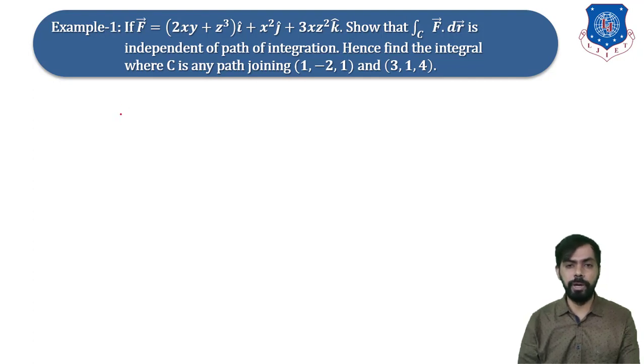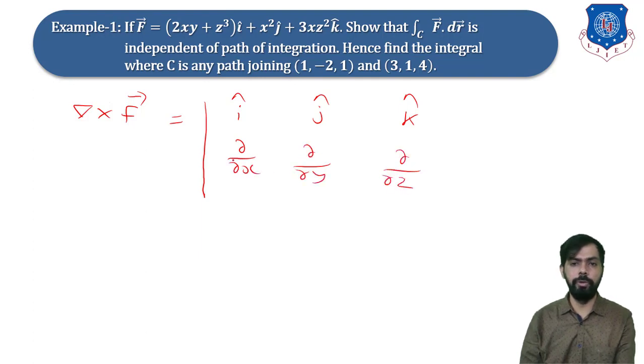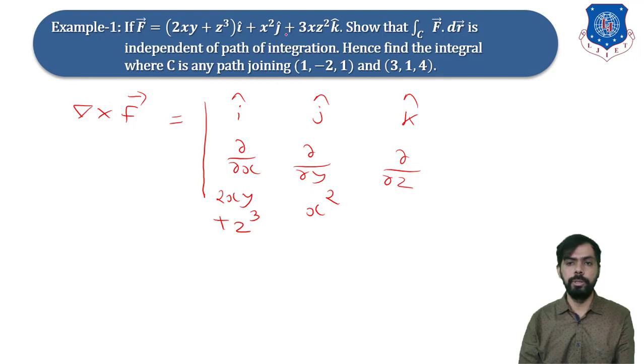So first of all we will find curl of F, which is given by the determinant of i, j, k, del by del x, del by del y, del by del z, where the ith component of vector F is 2xy plus z cube, the jth component is x square, and the kth component is 3xz square.